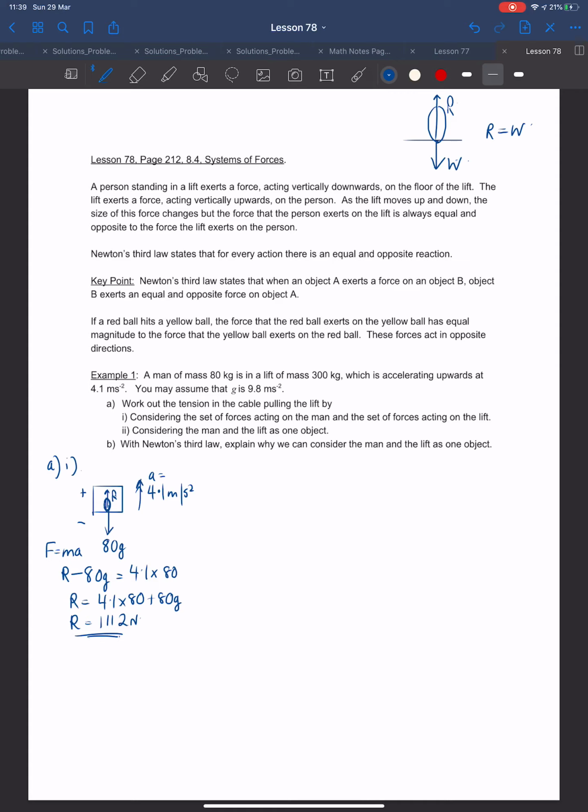Okay, so I've done this part here. We've done the set of forces acting on the man. Next thing we need to do is the set of forces acting on the lift. So if we think about the lift now, I'll draw this again here.